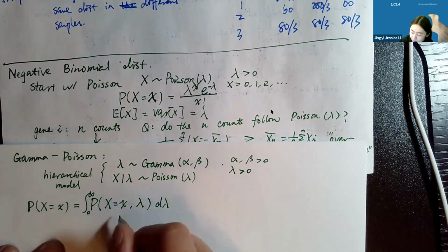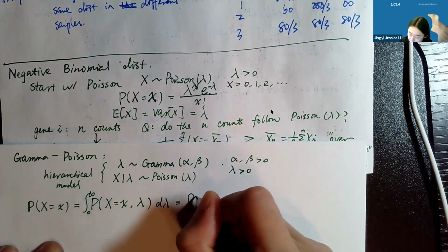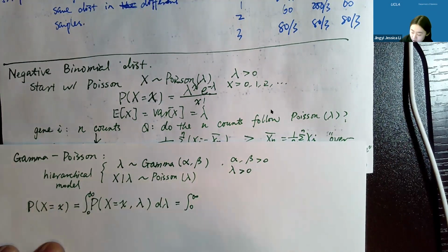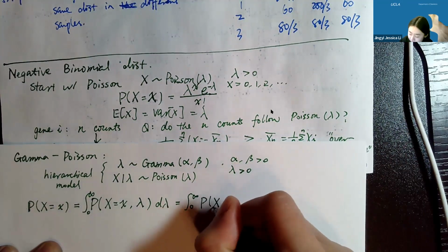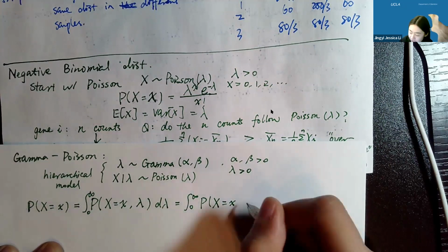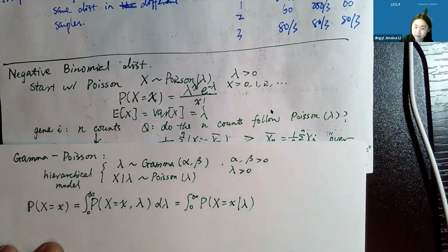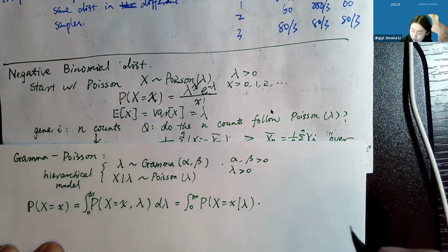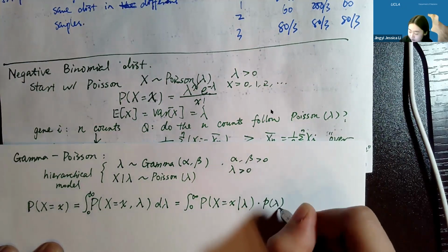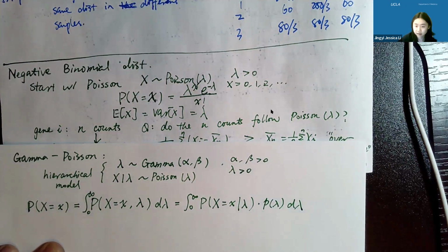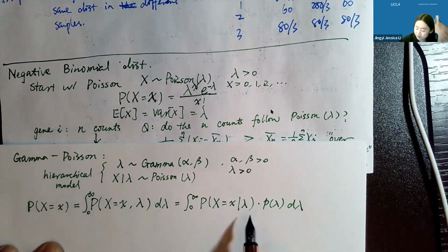For this joint probability, we can use the hierarchical model to decompose it. We can write it as the probability that x takes value small x conditional on a particular value lambda, times the density of that particular value of lambda, d lambda. The first can be obtained from the Poisson probability mass function, and the second from the gamma density. Both have closed forms. Then what's left is the integration.